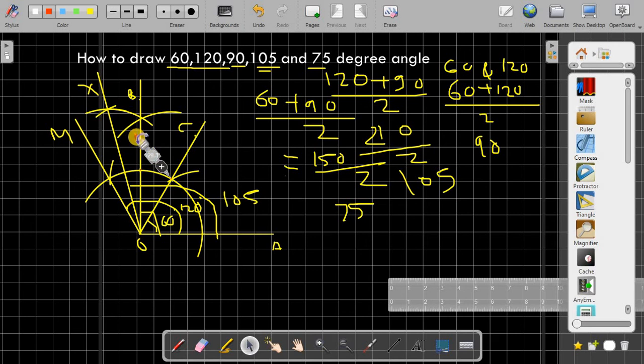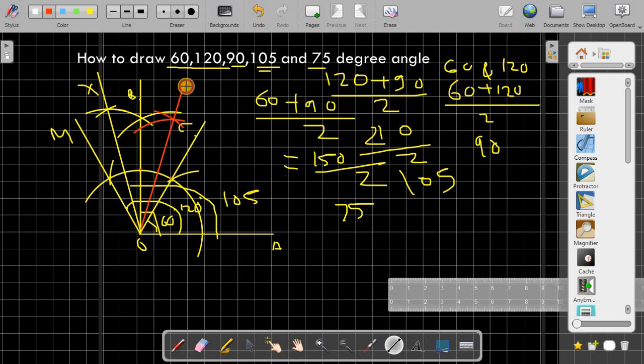Now I am going to draw the arc, and now I am changing the compass to the second point, that is at 90 degrees. You draw the arc. Now the compass work is over, so I am closing it, and you have to plot the line.